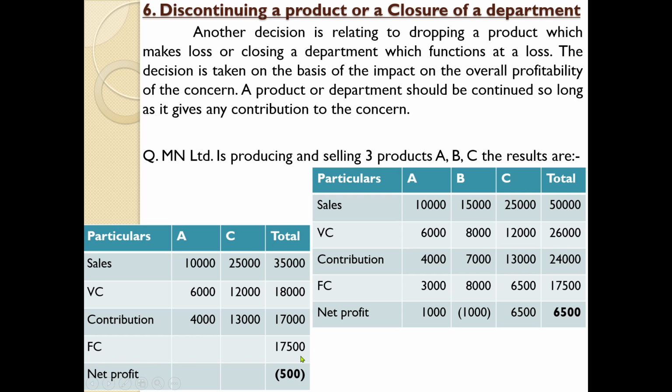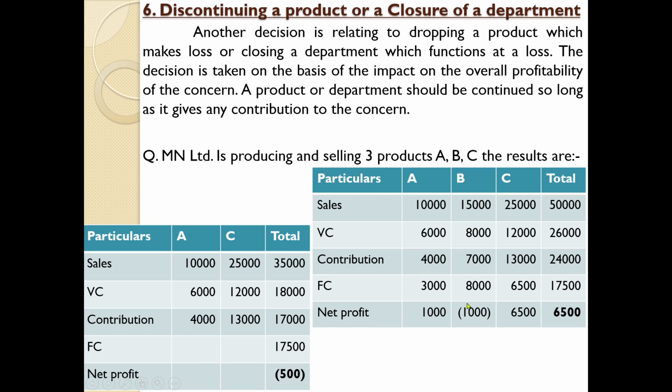Whatever the activity going on in the business, the total fixed cost never changes. It will remain the same for whatever the activity of the organization. Because of removing B, there is not much contribution to cover this fixed cost.